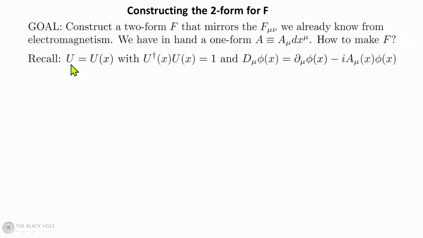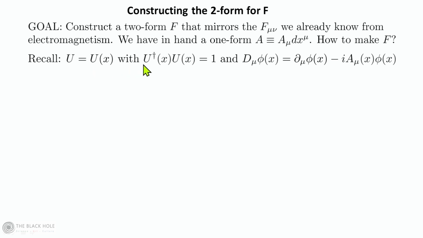Just to remind you, we do our gauge transformations using this matrix U, which is different at different points in space. Now, this is a matrix which belongs to some gauge group. It could be SU(2), it could be SU(3), whatever.